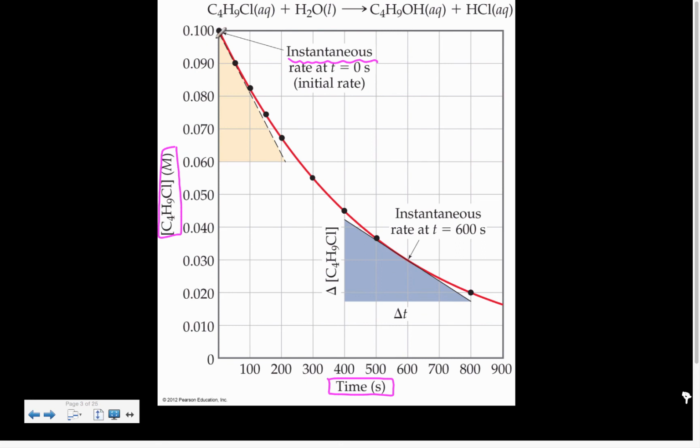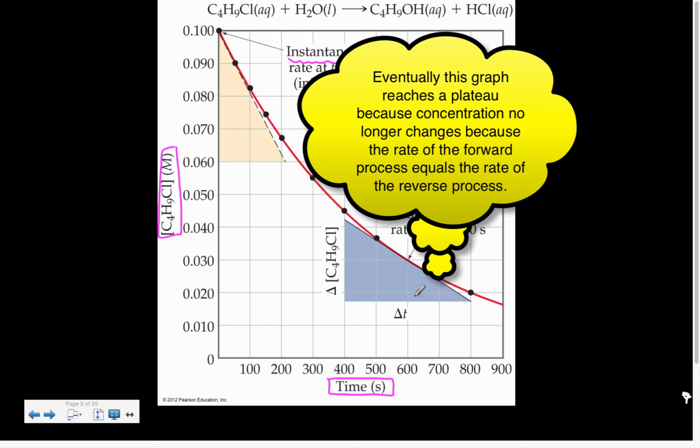And if we take a look at this graph of concentration versus time, and we'll see that this holds true for most reactions, we'll see that the slope of that tangent, what happens to it over time? The slope of the tangent decreases because over time, for most processes, the rate also decreases.